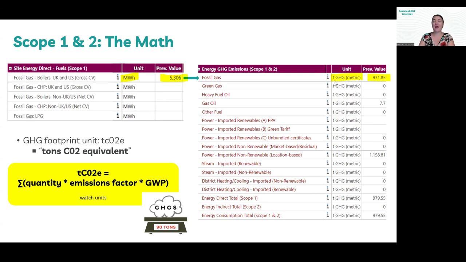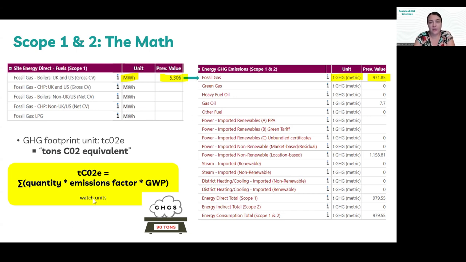It's actually a pet peeve of mine when it's called a carbon footprint, because carbon isn't the only greenhouse gas out there. So I like to say greenhouse gas footprint. But yes, it is a weight-based unit.